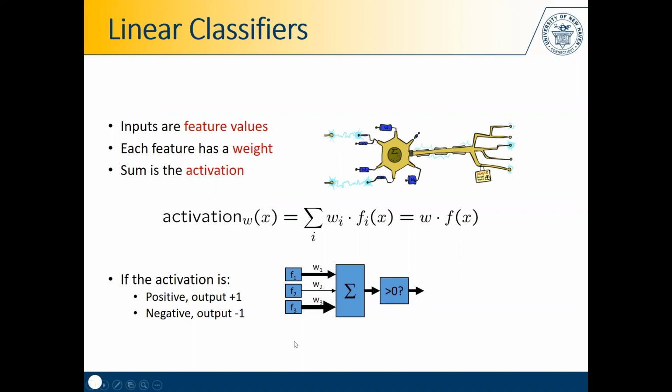We are not saying that 2 occurrences of the word has a weight of 2. We're saying any value that comes for f1 is going to be multiplied by this w1. And then we sum these up, and in the end, to make a decision, we just say if it's positive, then it's +1. If it's negative, then it's -1.